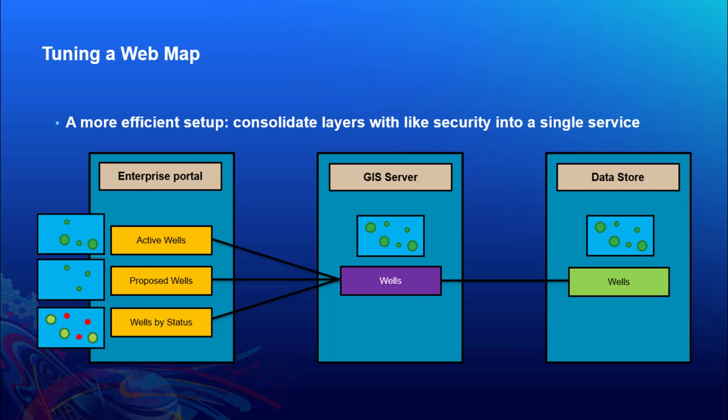Through the definition queries, for example, I can have a presentation of this data, and it appears like it's dedicated and it's very specific. But underneath the hood, we know there's just one service that we now have to manage and dedicate resources to, and it makes a simpler setup which is always a good thing. Something to note is that this is a strategy that may not fit if security is a requirement. Security is still done at the service level.